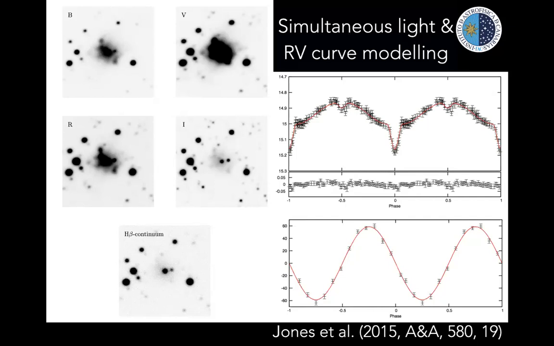And just an indication of how challenging this is, particularly from the ground: on the left, I'm showing you 5 images of the same planetary nebula in different bands. And so you can imagine how difficult it is to get accurate photometry of the central star of this system, which is so clearly seen in the H-beta continuum, for example.